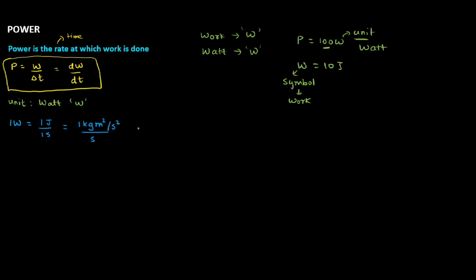And when you solve this, you can rewrite the expression for watt as 1 kg meter squared per second cubed. So these are the three different ways in which you can express the unit of power. First one is watt. Then a watt can be written as 1 joule over 1 second. And in kilogram meter second, it can be written as kg meter squared over second cubed.